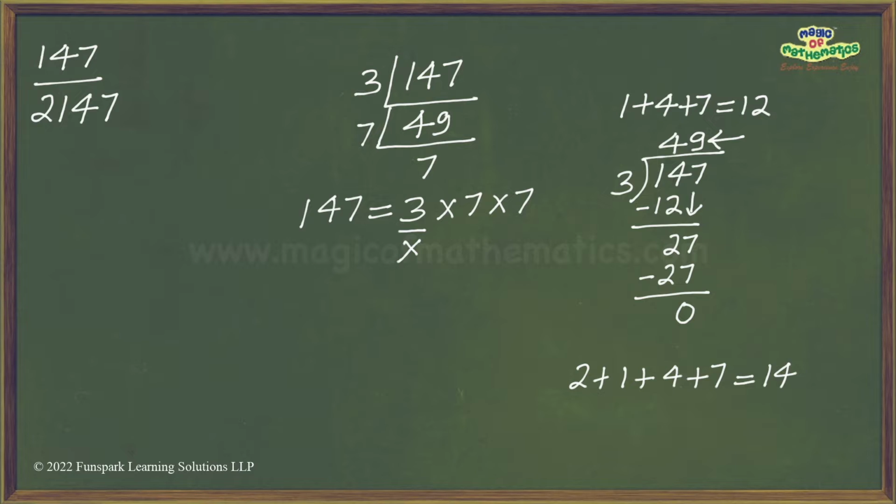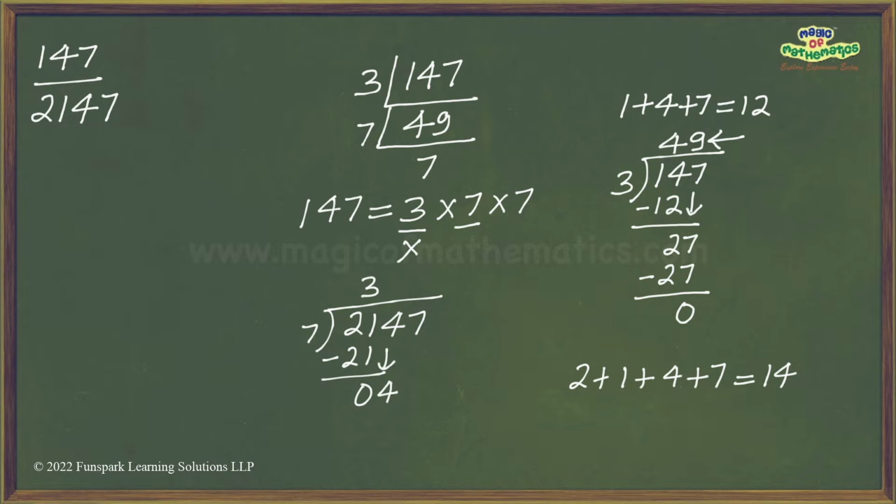Next candidate is 7. Let us now check what happens when we try to divide 2147 by 7. 7 times 3 gives me 21. 21 minus 21 gives me 0. I bring down the 4.